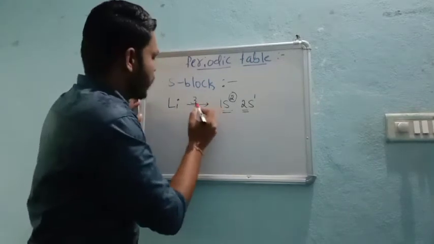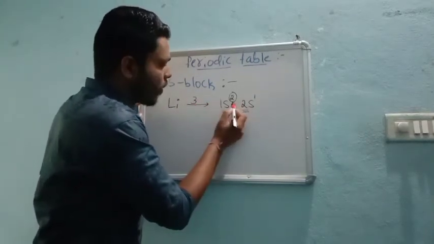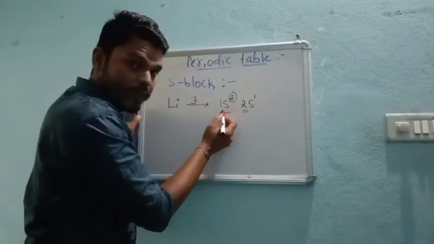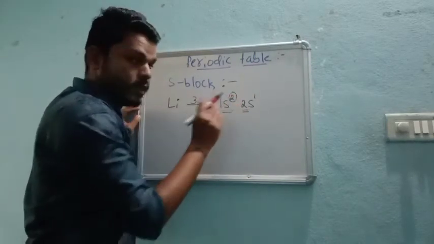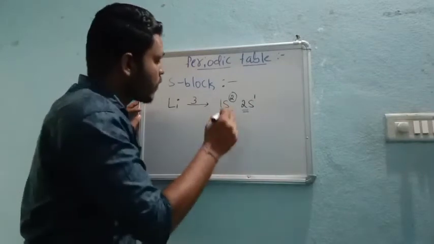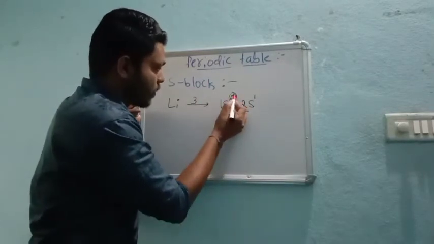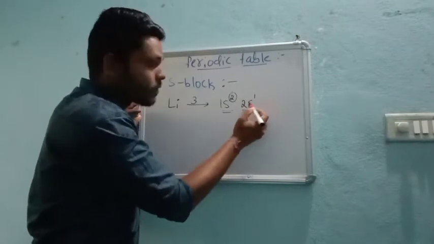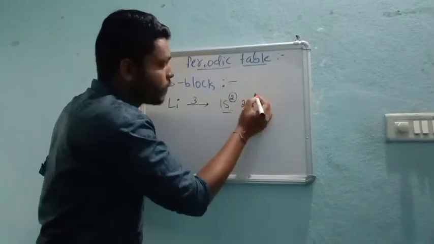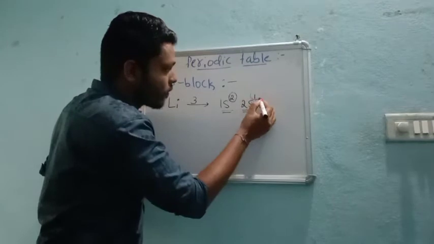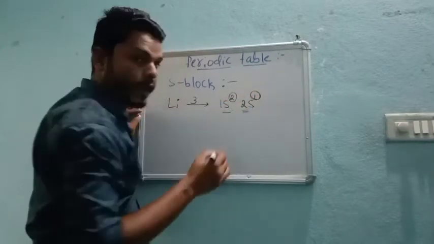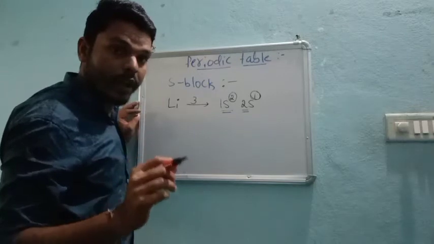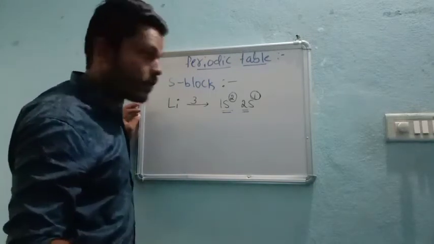After filling these 2 electrons into the 1s shell, the 1s shell is completely filled. Now 1 more electron is left with us, so that electron will move further. This electron, I can call it the differentiating electron or last electron, right?